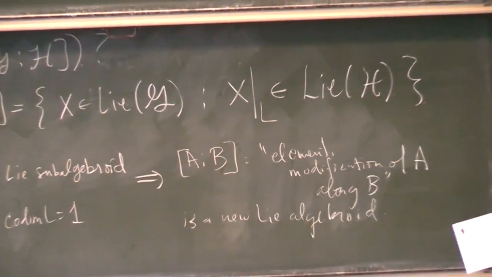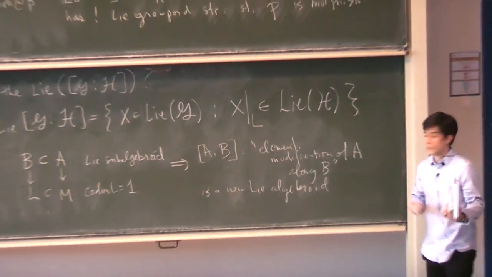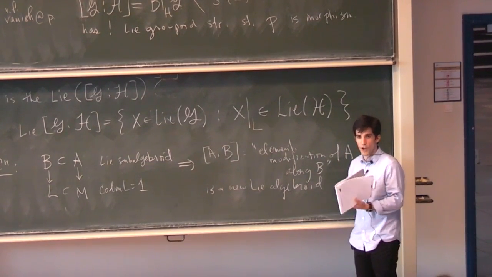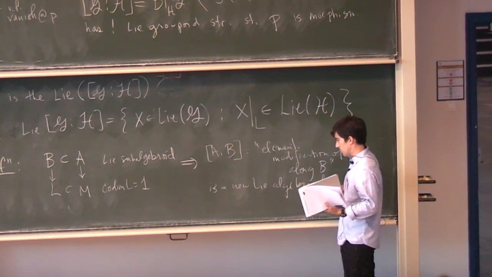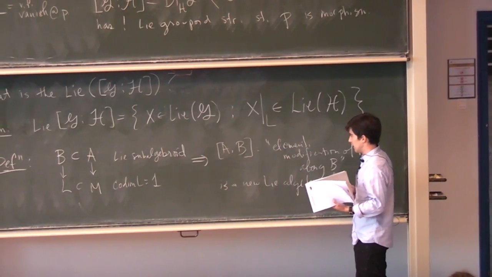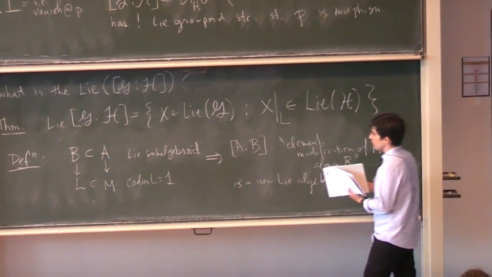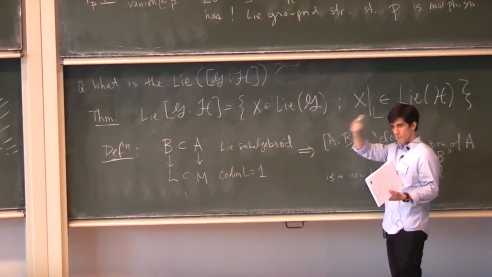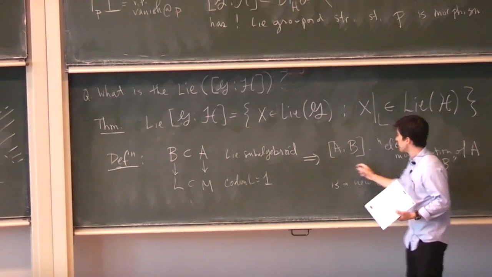Alan told me about some examples of this a long time ago, and I was looking for a general construction of these, and so this is something that comes up naturally. So you can always modify A by twisting it along B in this particular way.